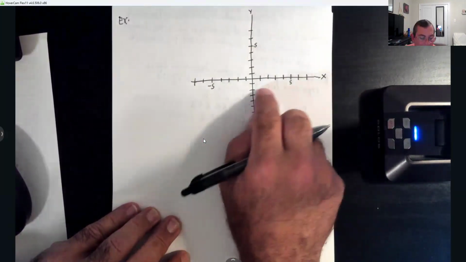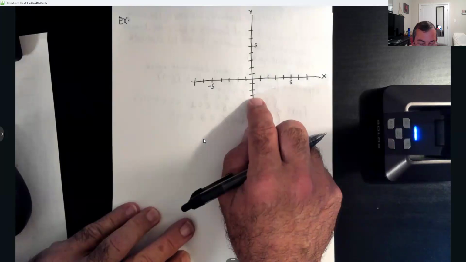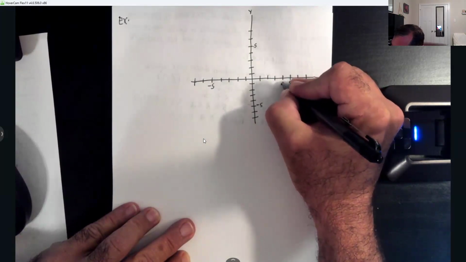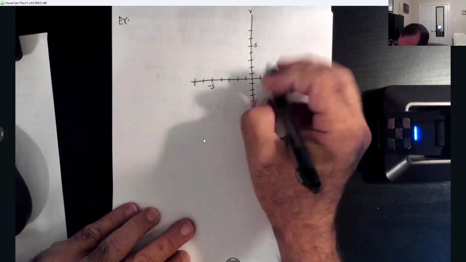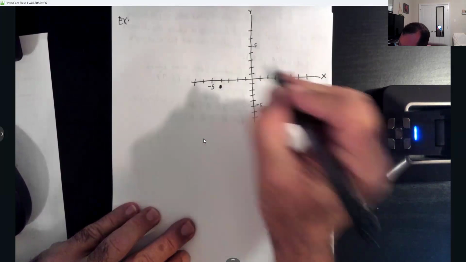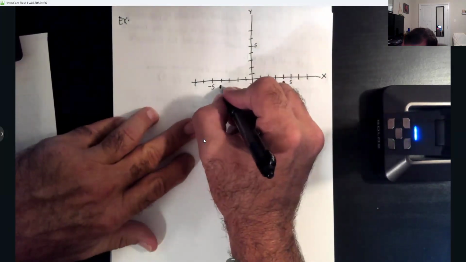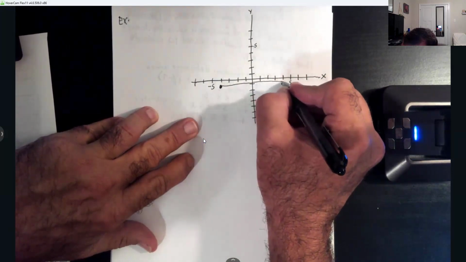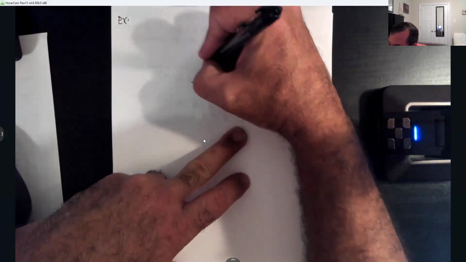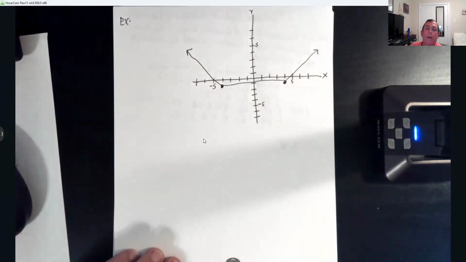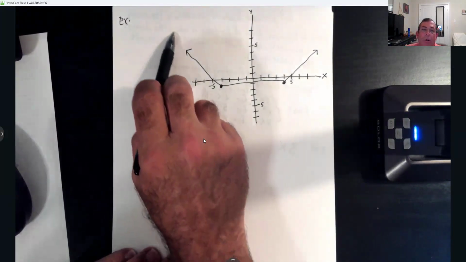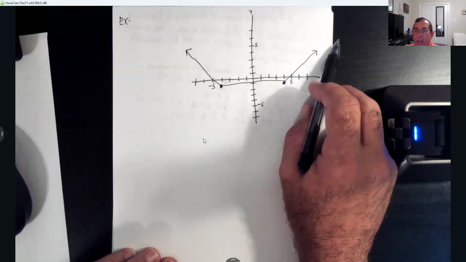All right, so now over here at 4, negative 1, I got a point, and then I got a point over here at negative 4, negative 1. So this graph connects straight across, and then it goes on. Now, these arrows don't mean direction on this. This just means the graph goes on forever in both directions.